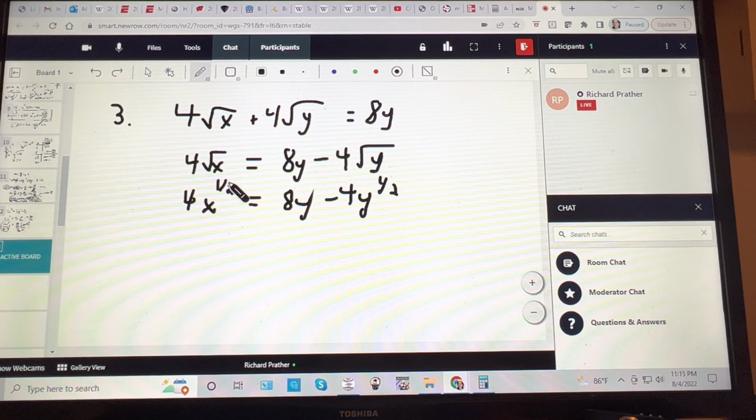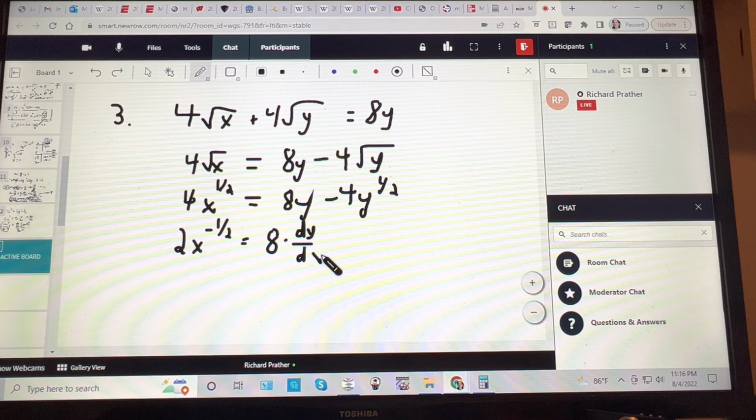So this one is 4 times 1/2, 2. X to the 1/2 minus 1 is negative 1/2. But that's x, so we don't have to attach anything extra to it. The derivative of 8y is 8, but it's a y variable, so we need a dy over dx attached to it.